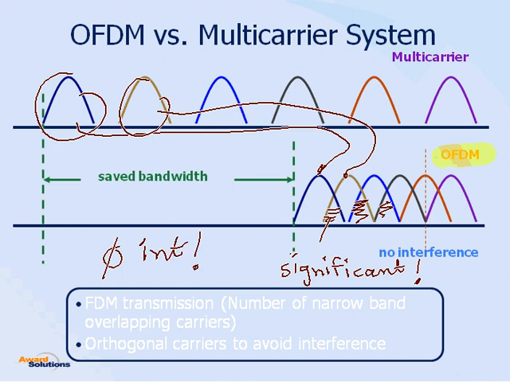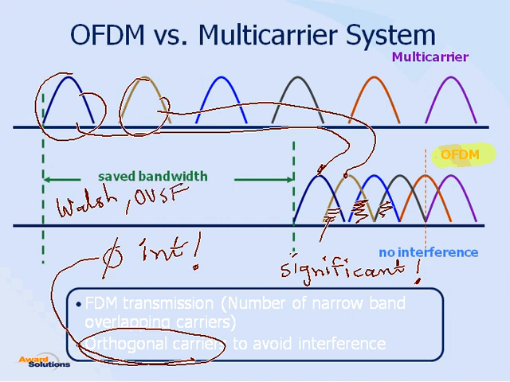So even when we have significant overlap between adjacent subcarriers, there is absolutely no interference between the two subcarriers because the subcarriers are orthogonal. Just like orthogonal Walsh codes in 1X system, orthogonal OVSF codes in UMTS systems do not have interference among them.